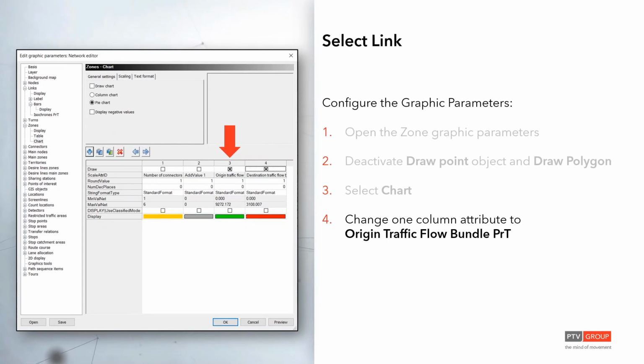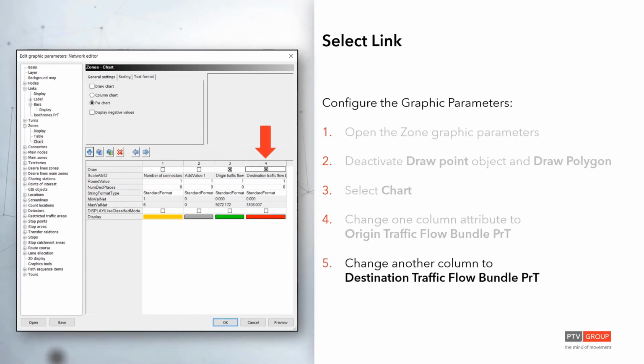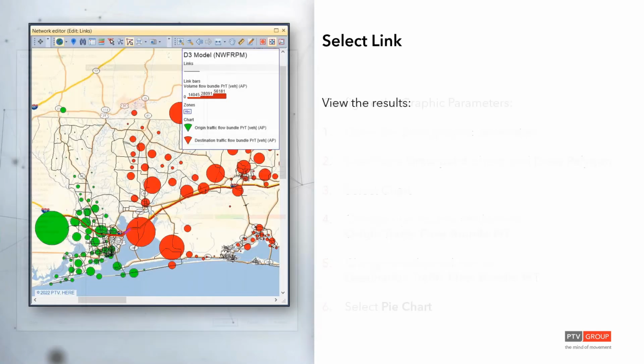In this case, we want to create a pie chart that shows the proportion of origin flow traffic versus destination flow traffic from our flow bundle. So we want to be able to see which zones contribute to the flow bundle the most.